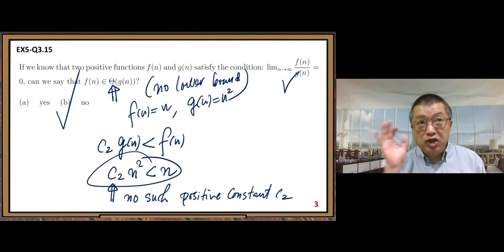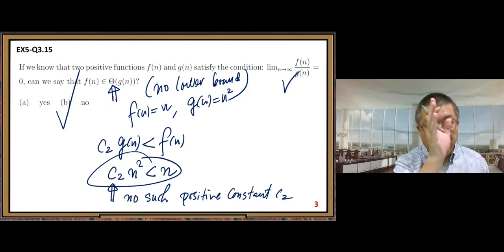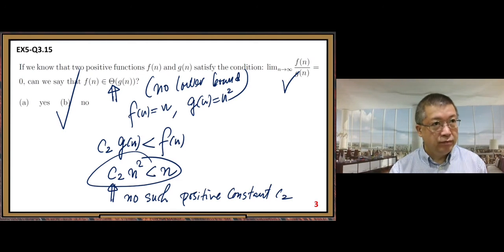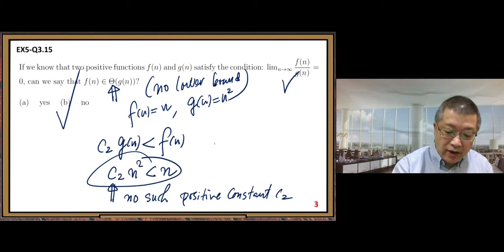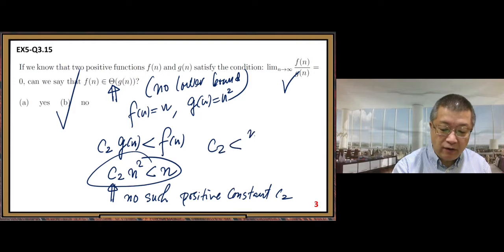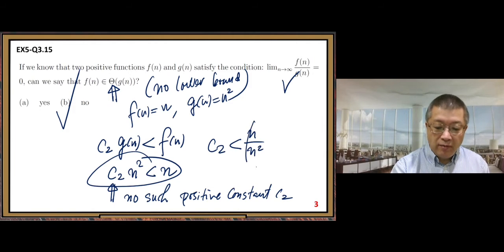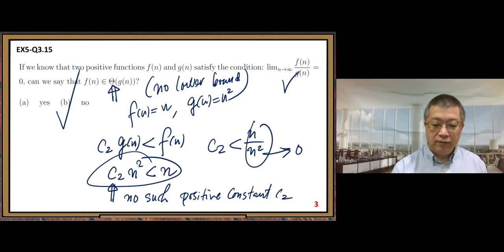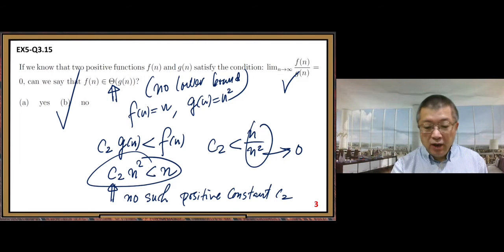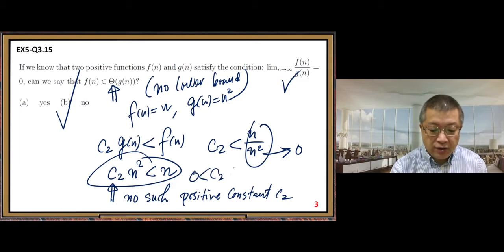Why can nobody find such a positive constant c2? It's very easy, because if someone could find it, c2 should be less than n over n squared. But this limit goes to 0. So when n goes to infinity, the limit of the right-hand side is 0, and how can you get a positive number c2 less than or equal to 0?